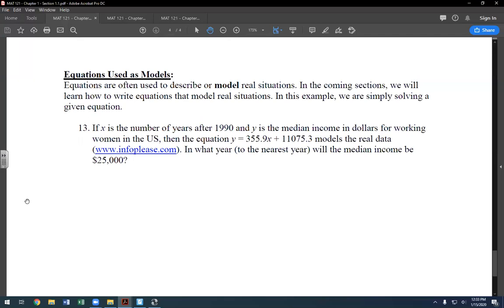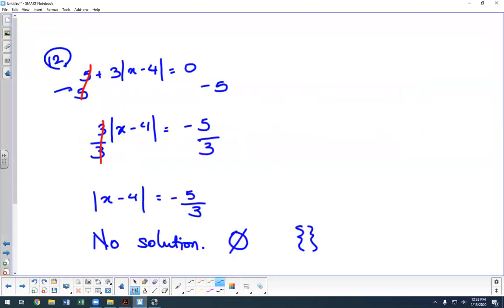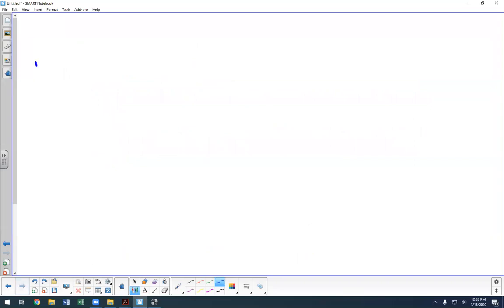So let's start by writing down our model. So that's Y equals 355.9x plus 11,075.3.